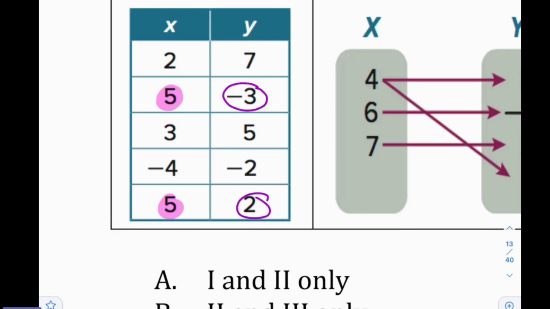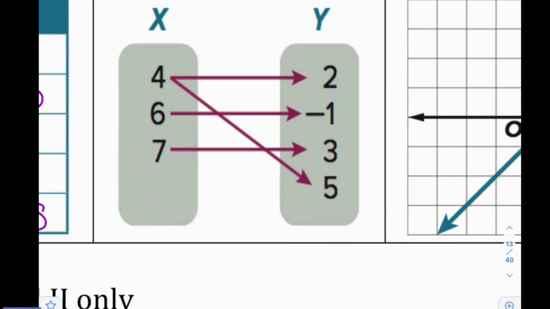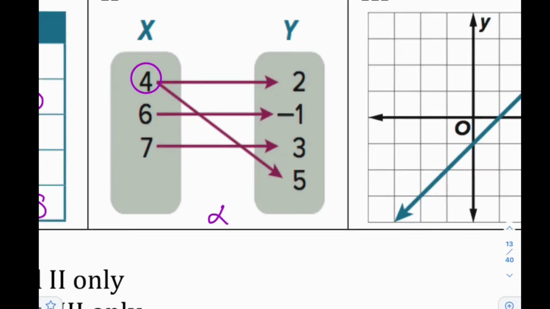So this is not a function. Now let's see this one. What do you notice? 4 is the problem. From 4 come two arrows. It's paired twice, once with 2 and once with 5. So this is also not a function.